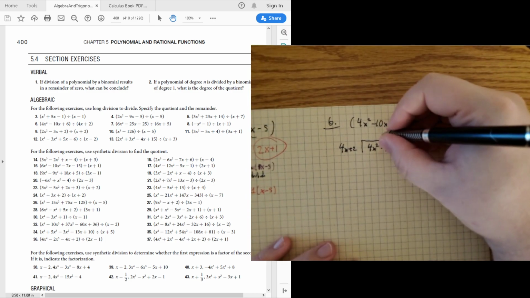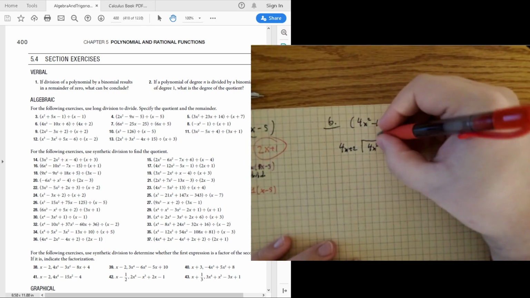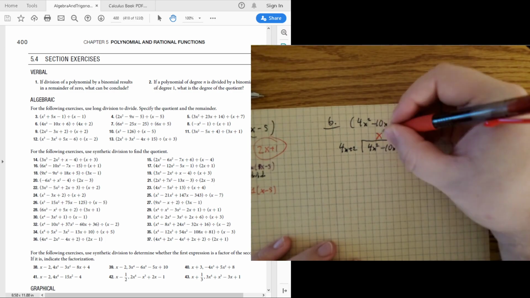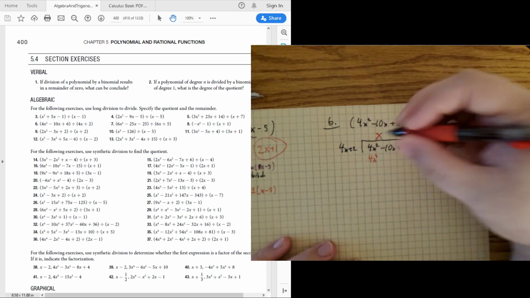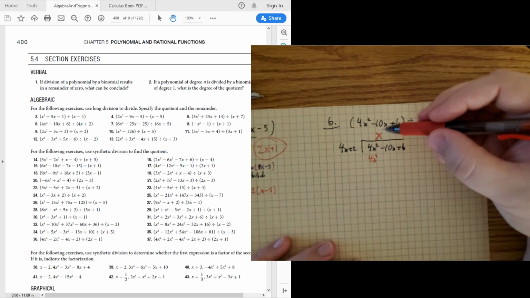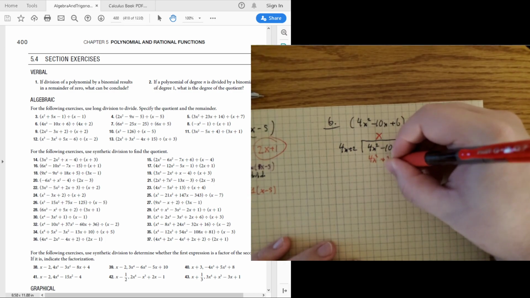So, in this case, my number up here is going to be x. Why x? Because x times 4x is 4x squared. They match, which is the key thing here. But I have to make sure to distribute. I take x times 2, which is positive 2x.